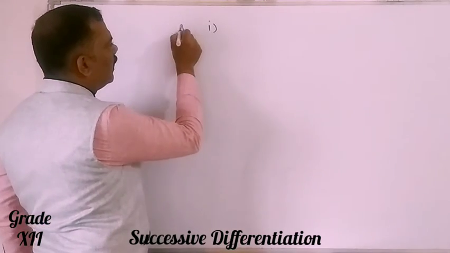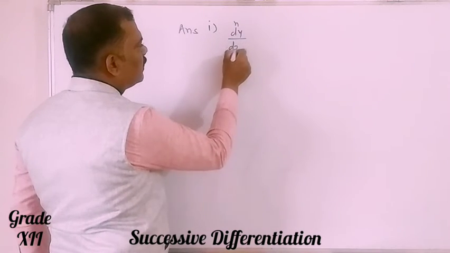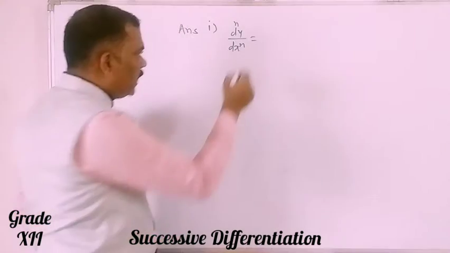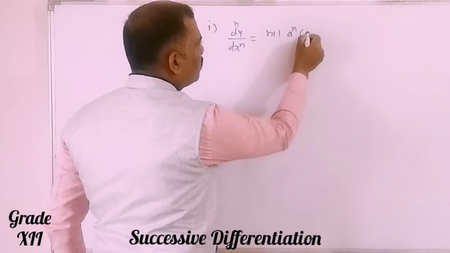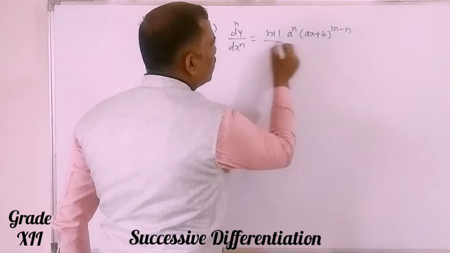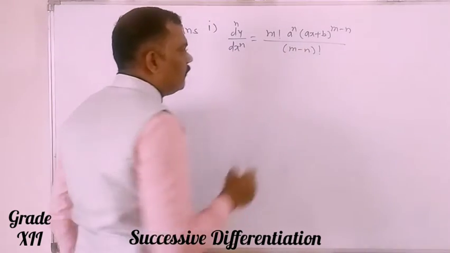Example number 1, the answer: the nth derivative d^n y by dx^n is equal to m factorial into a raised to n into (ax plus b) raised to m minus n, divided by (m minus n) factorial.